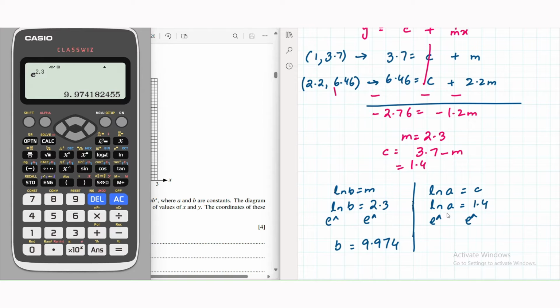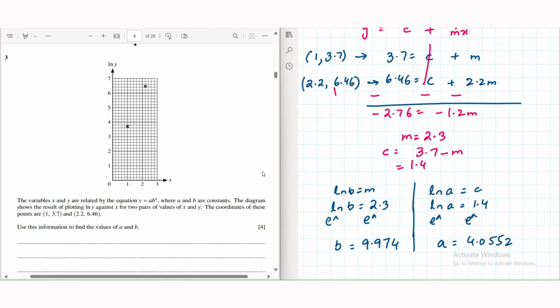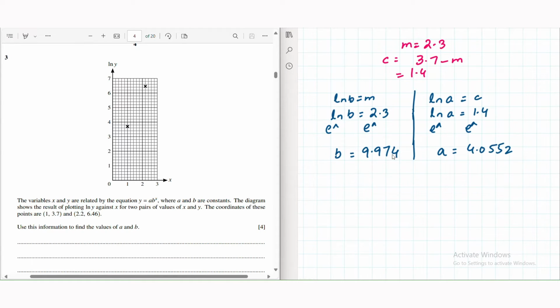And e raised to power ln a is just a, so a equals e raised to power 1.4, which is 4.0552. Now, usually we just need it in three significant figures, so we will convert this. So a would be 4.06, and b would be 9.97.